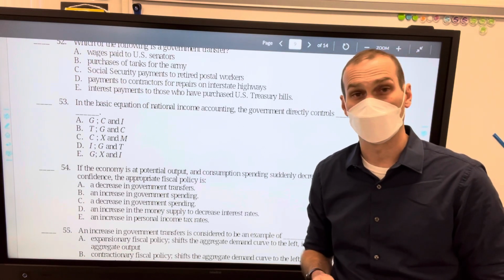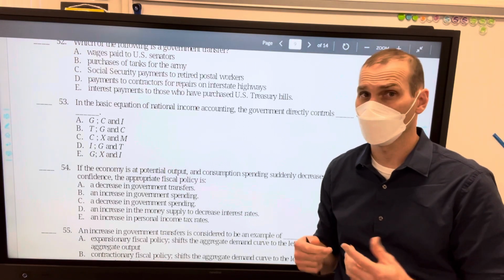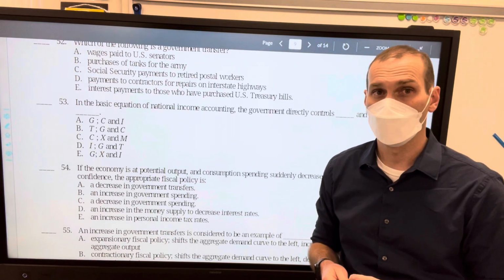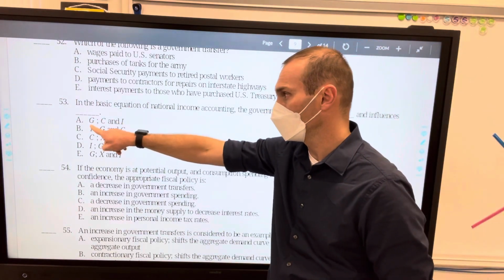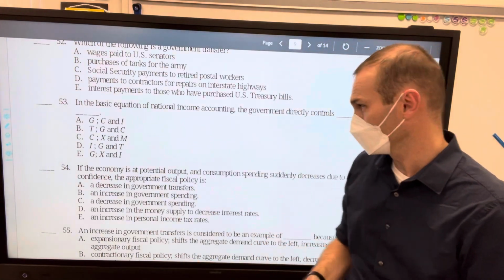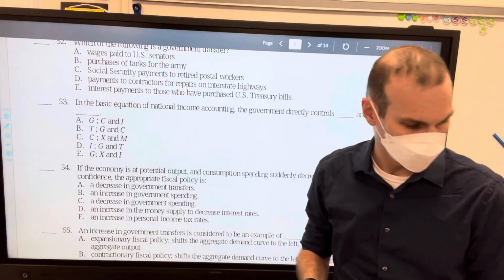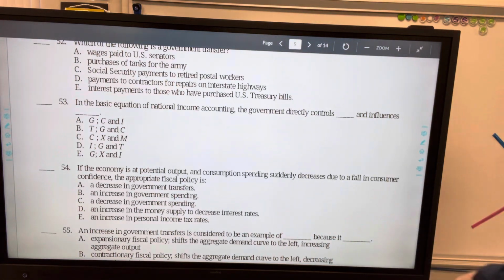I know I mostly said consumer because that's true, but when we get deeper into this and talk about crowding out, it'll also influence investment due to interest rates. So it definitely controls G, but C and I, consumer spending, investment spending, also can be held true or affected by the government.